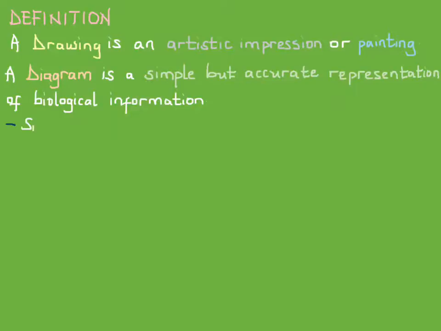Diagrams are drawn with simple, continuous lines to represent the outline of the organism or part of it or an idea. They are therefore described as line drawings. Biological knowledge is needed when making diagrams in order to decide what to include and what to leave out.